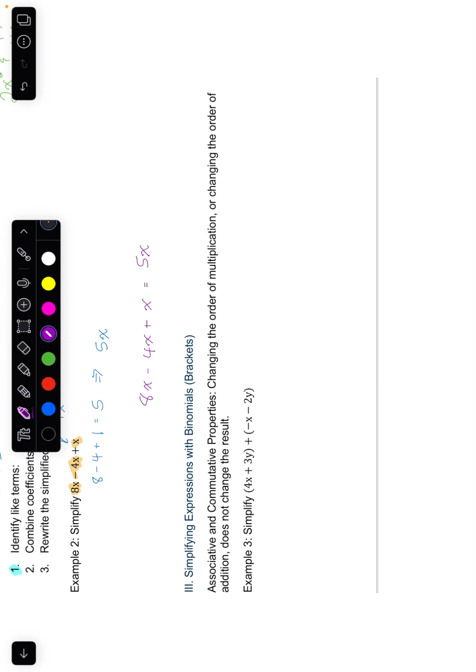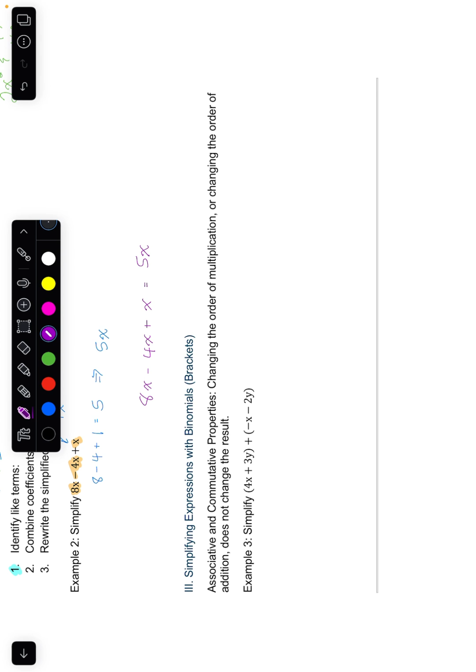It says simplifying expressions with binomials, meaning brackets. Now it has this little rule underneath it. It says associative and commutative properties. So these properties say that changing the order of multiplication or changing the order of addition does not change the result.